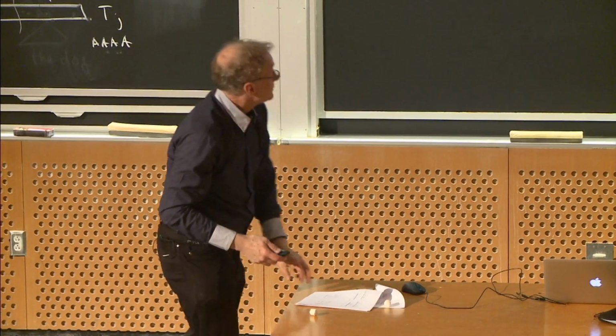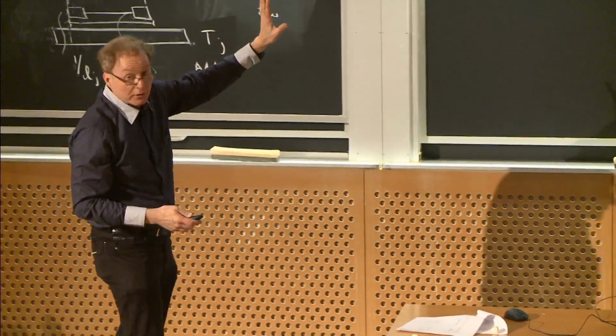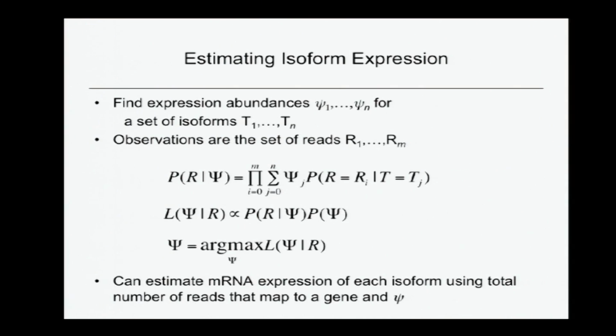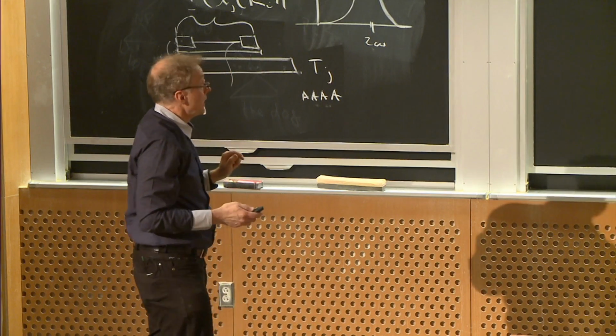Okay, so given this framework, we can either use EM or other machine-learning-like frameworks to maximize psi and to learn the fraction of expression of each different isoform from the observed data, given the functions that we have.